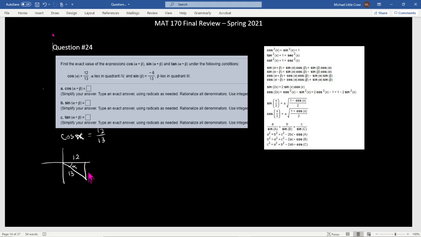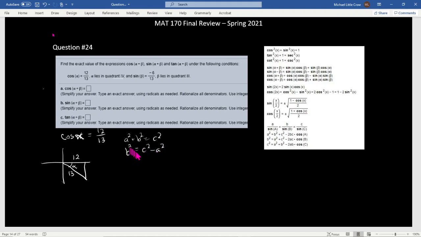And so we could figure out what this last side is, right? Because a squared plus b squared has to equal c squared, and we know a and c. So we subtract that. So what is b squared going to be? Take the square root of both sides.